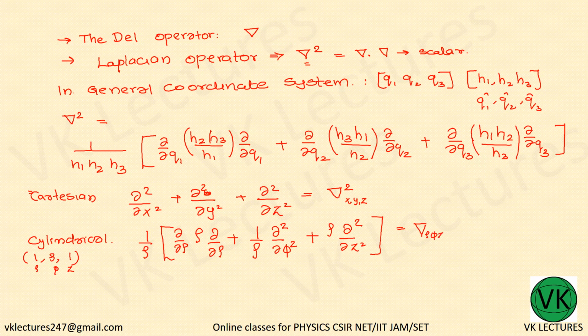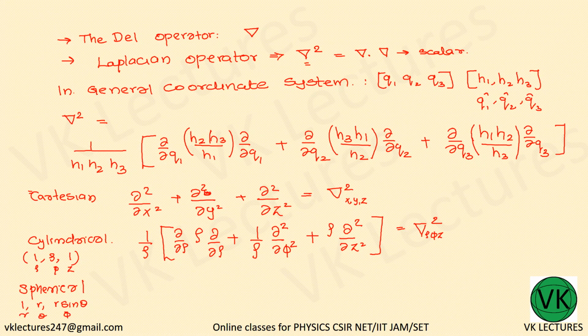So del square in cylindrical coordinate system is in this way, and once again we can write it for spherical polar coordinates. In spherical polar coordinates, you have the metric elements as 1, r and r sine theta, and the corresponding coordinates are r, theta, phi.